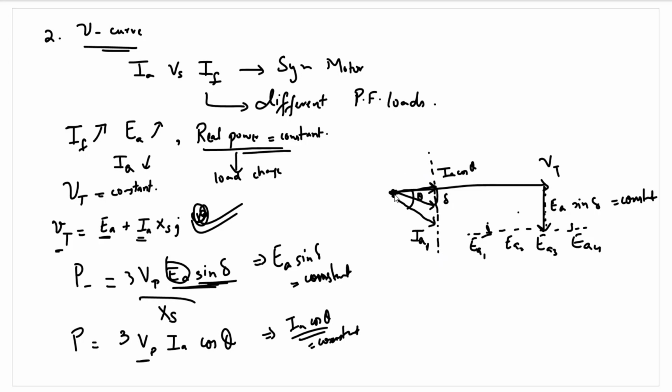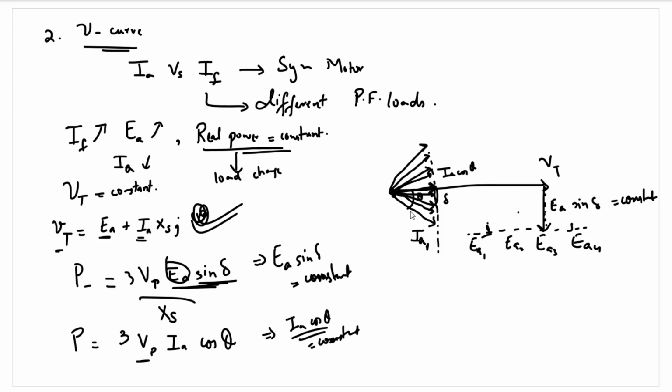So as we are increasing the field current, Ia will tend to decrease, and at one point it will become equal to Ia cos theta. Now, if we further increase If, the field current, Ia will not decrease now, Ia will start increasing. This is because the power factor of the machine has changed. Initially, the power factor of the machine was lagging. Now the power factor has become leading.